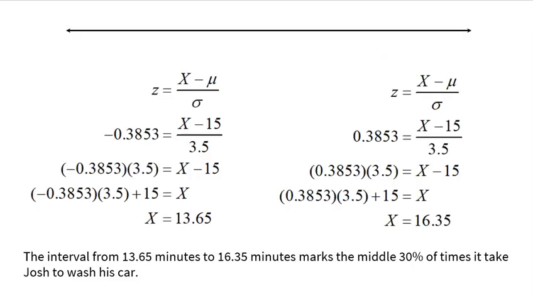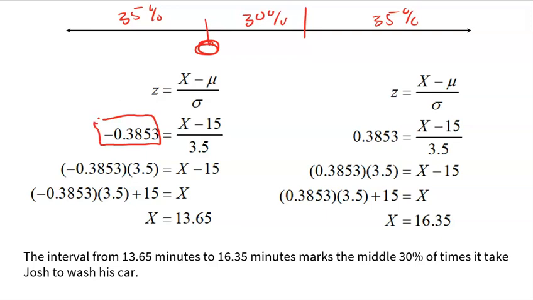So once again, on this page, I want to walk through the whole process. The question wanted me to find the middle 30%. I know that means 70% is left out, 35% at the bottom, 35% at the top. I then use my calculator to get the z-score right here, negative 0.3853. I then use my calculator or my common sense to get the z-score right here, positive 0.3853.